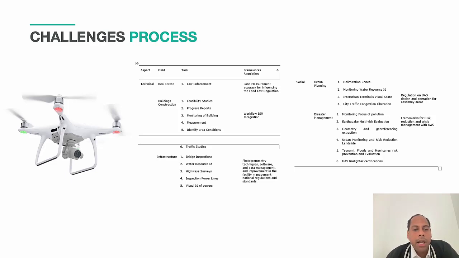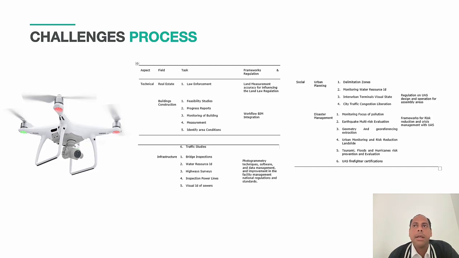Finally, in disaster management, there are some frameworks for risk reduction and crisis management. So how should drones be operated after a disaster, after a tsunami, or after a flood, or after an earthquake? Is the construction organization entitled to fly, or do they need to wait until a moment to operate in that area?